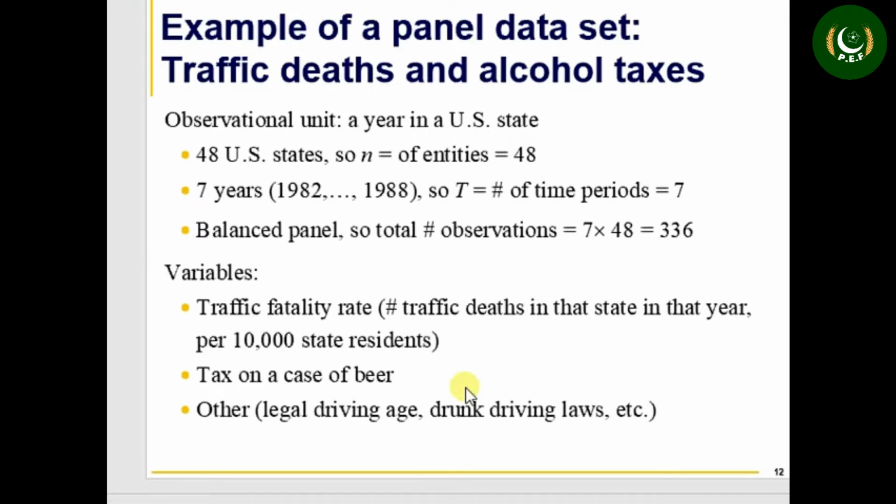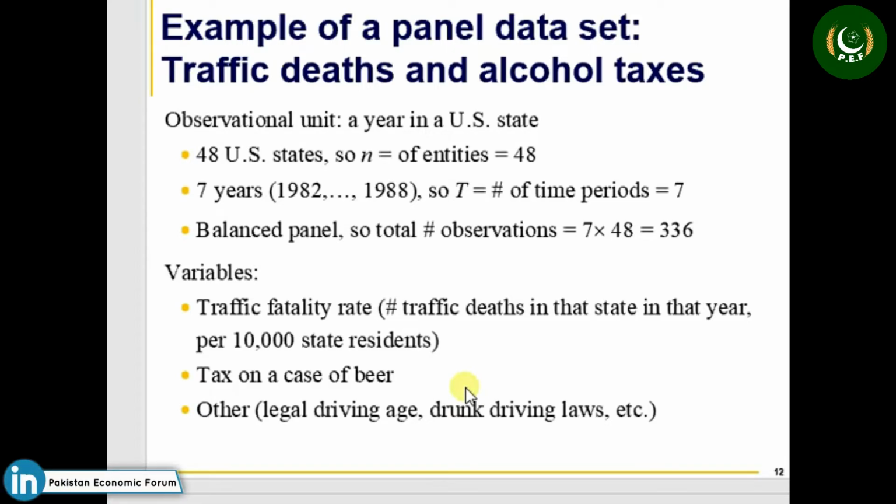It's a balanced panel, so the total number of observations is 336. The question is whether an increase in beer tax leads to a lower traffic fatality rate, traffic deaths per 10,000 state residents. Basically now we are going to explore this question.